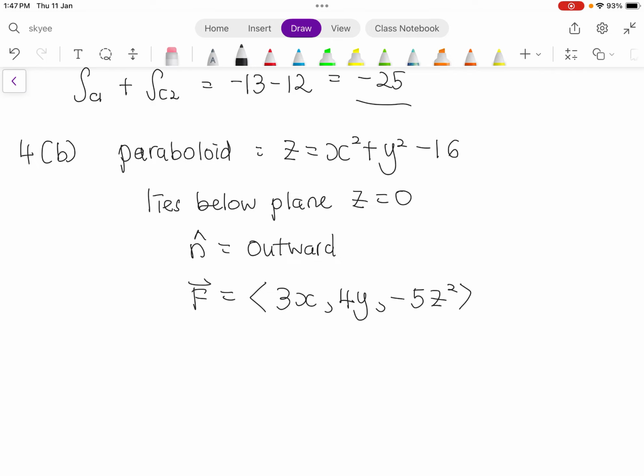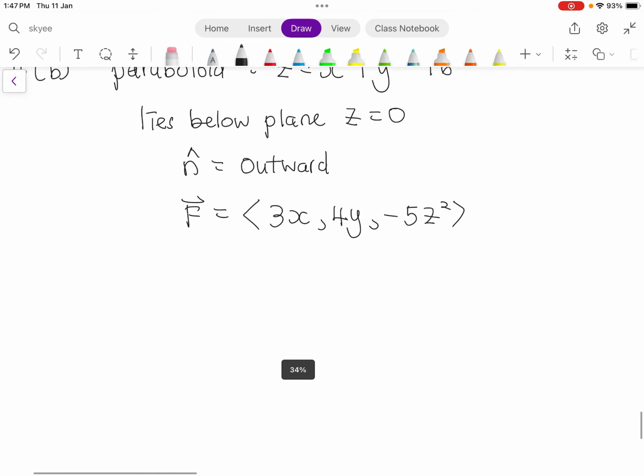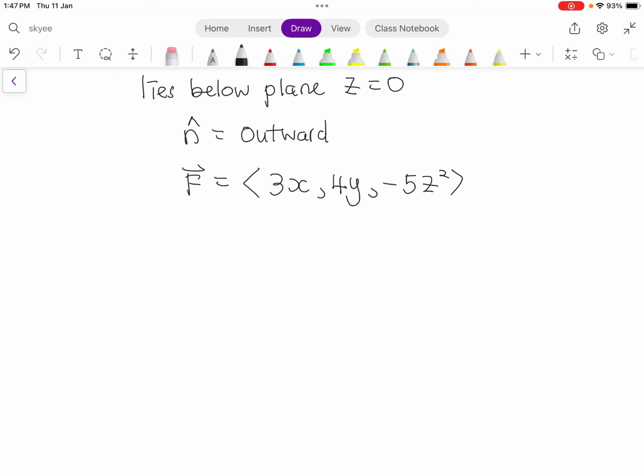In order to find the electric flux through the paraboloid, we have to use the surface integral. What is the equation? We have a double integral, and we have to use this one for the surface integral.